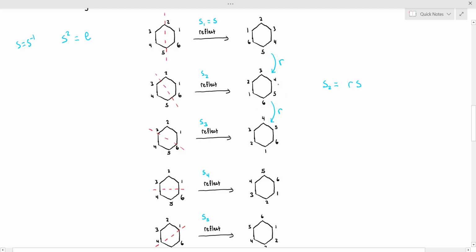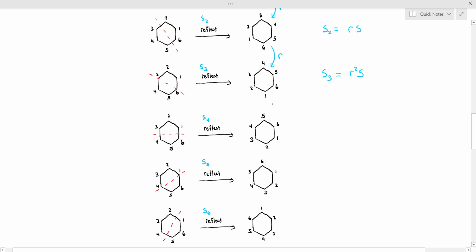So that tells us that this reflection S3 about this axis can be obtained by reflecting about this vertical axis, and then after that, rotating 60 degrees counterclockwise twice, so applying R twice, or applying R squared.